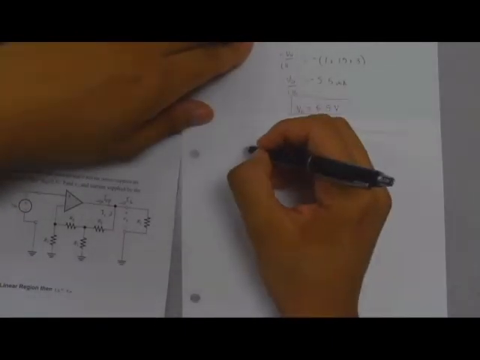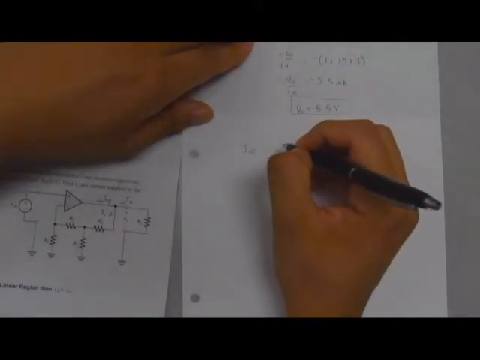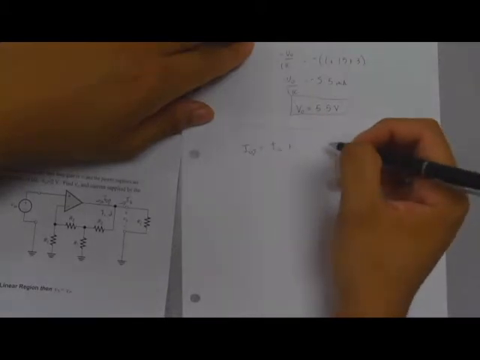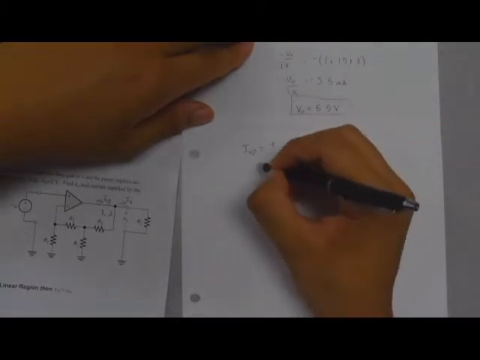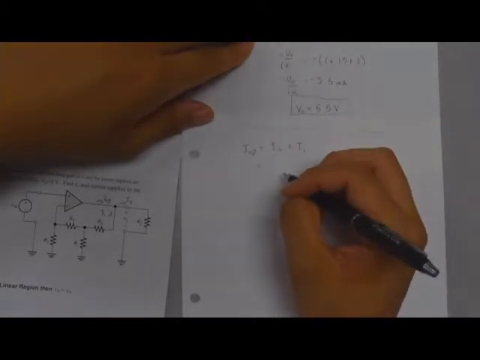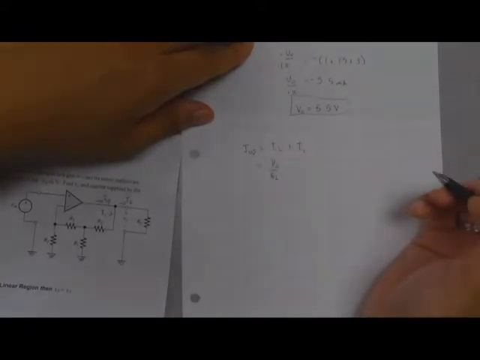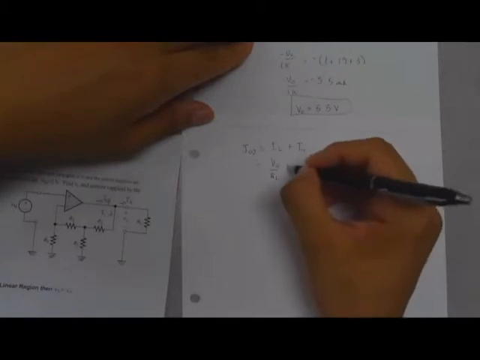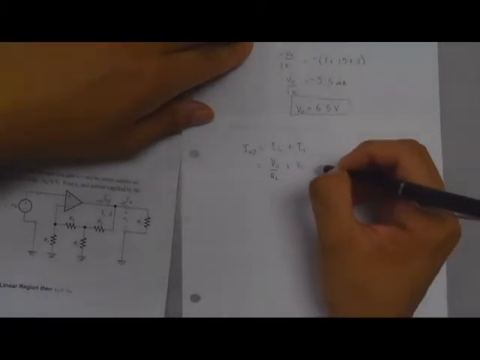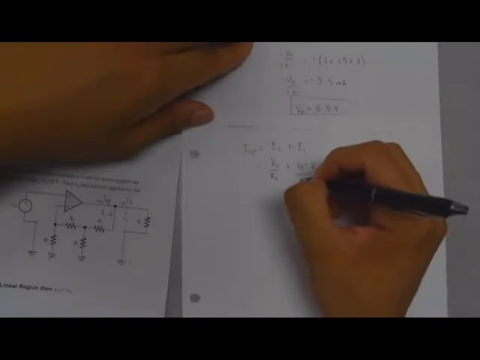So looking at this node, I op amp is going to be the sum of IL plus I1. Well, IL is going to be, via Ohm's law, the voltage out over the resistance of the load, plus the voltage out minus V1 over R2.